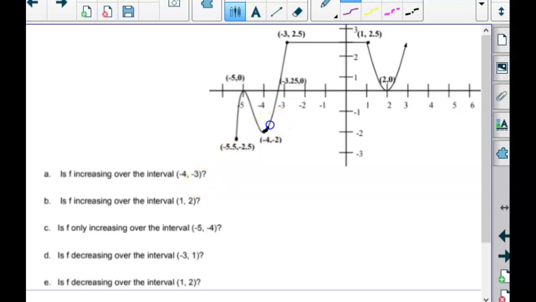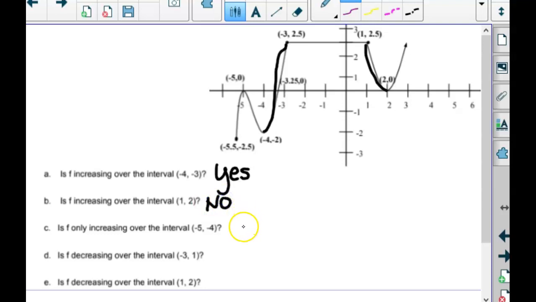As I go left to right from x equals -4 to x equals -3, it is going up, so this is a yes. All right. Is the function increasing from 1 to 2? 1 to 2 would be that piece right there, and it was going down as I went left to right.